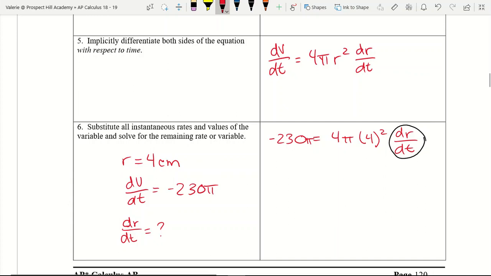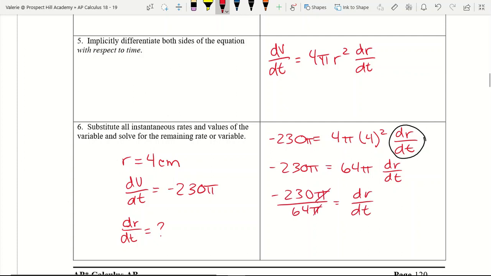So we have negative 230 pi equals 64 pi dr dt. So negative 230 pi over 64 pi equals dr dt. The pi's can cancel out.